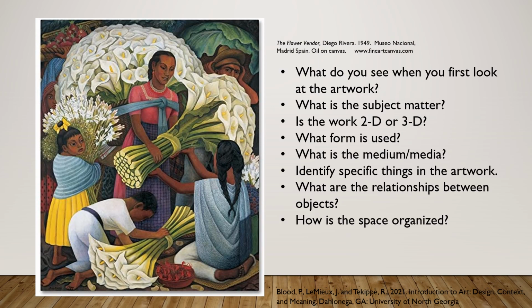In this case, we're going to take a look at the Diego Rivera painting, The Flower Vendor, to do a rough formal analysis. So when you look at this piece of artwork, what do you see when you first look at it? What's the subject matter? Sometimes the title of the artwork will give you an idea about that. Subject matter, 2D, 3D.